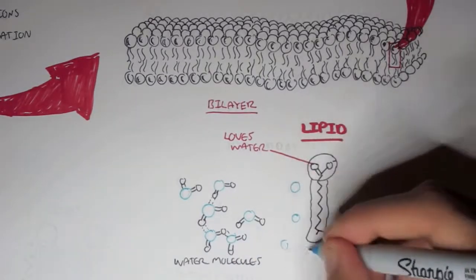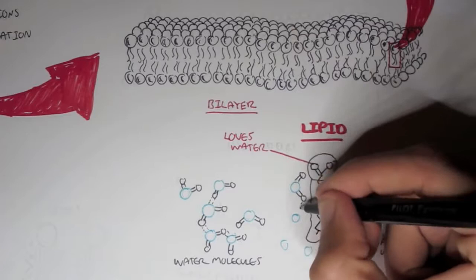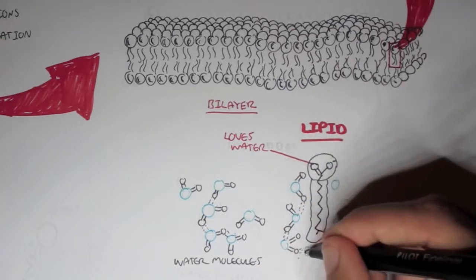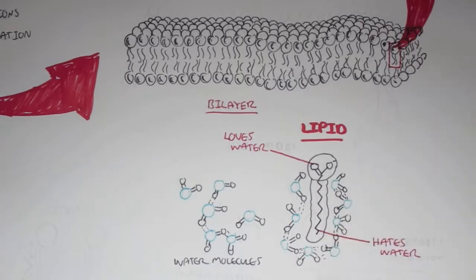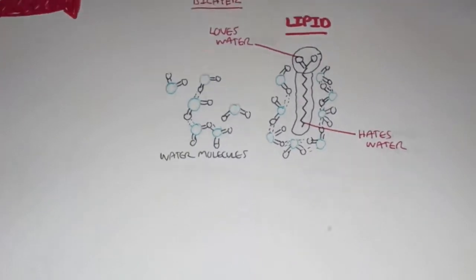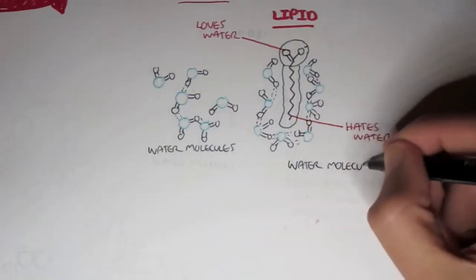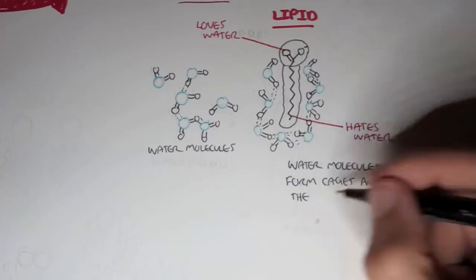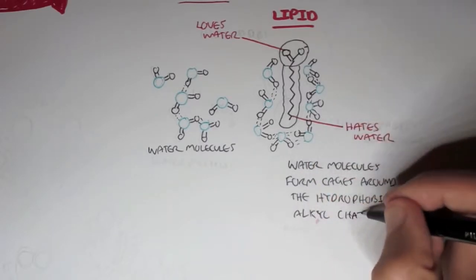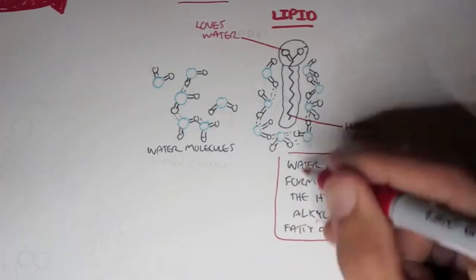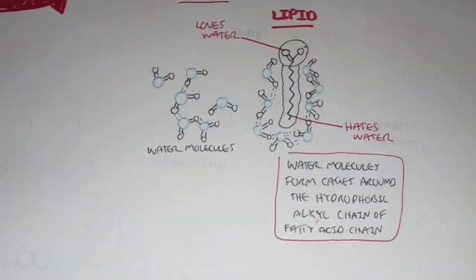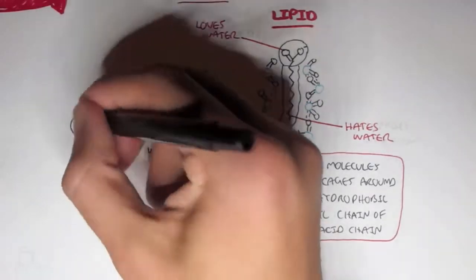The water molecules will start surrounding the hydrocarbon chain and will not form bonds with it because it's hydrophobic. Essentially, water molecules will form cages around the hydrophobic alkyl chain of the fatty acid, because it can't interact.